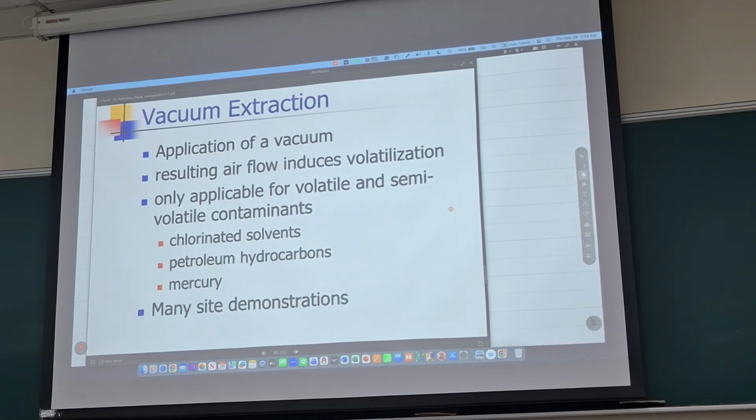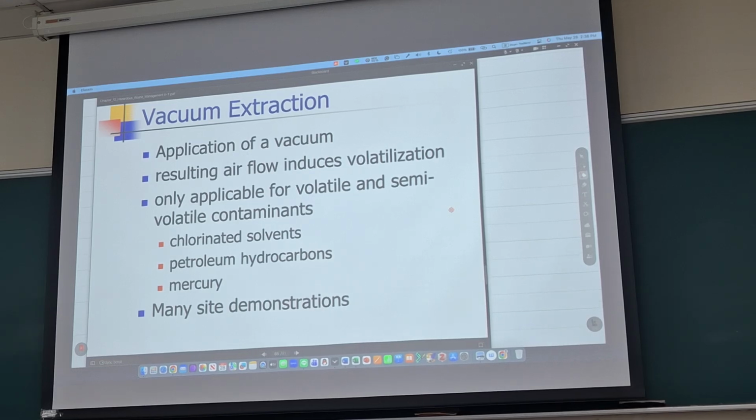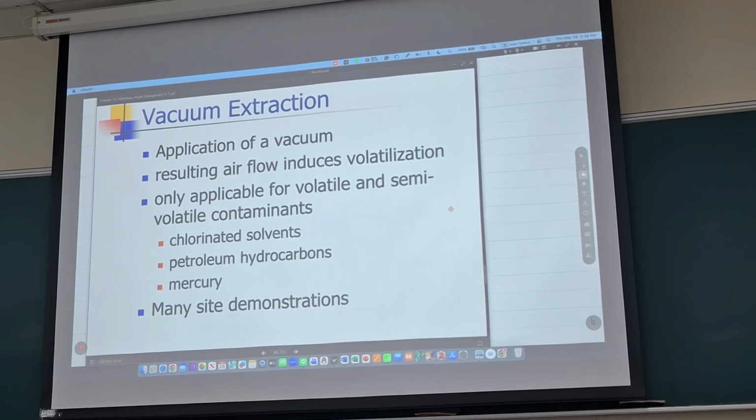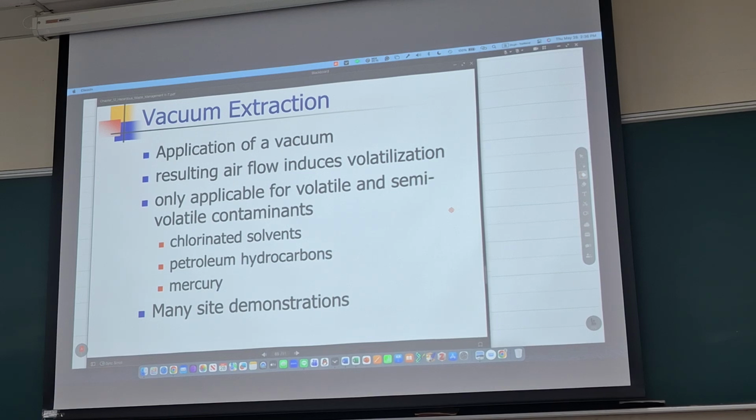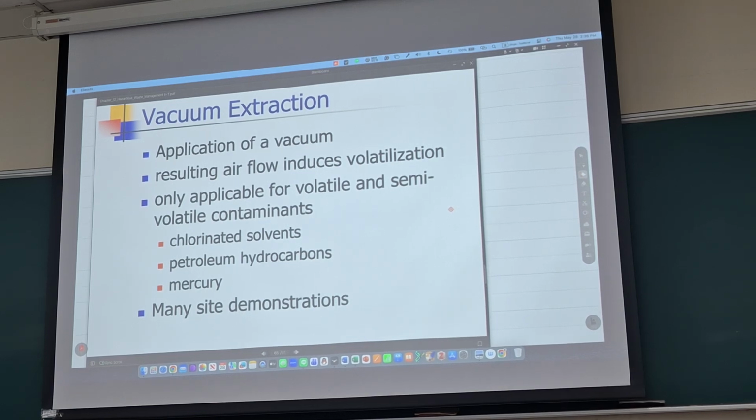First, I would like to show you what vacuum extraction means. The vacuum extraction and heat extraction are for contaminants.